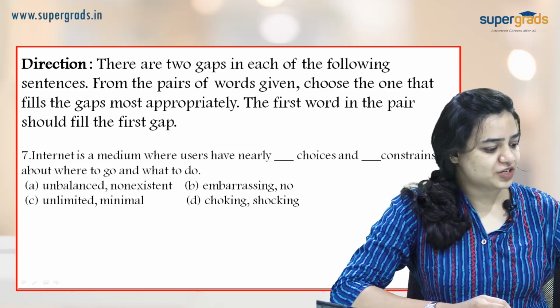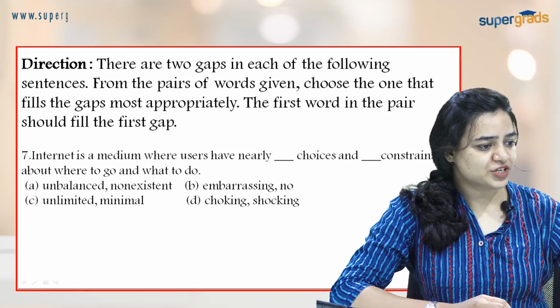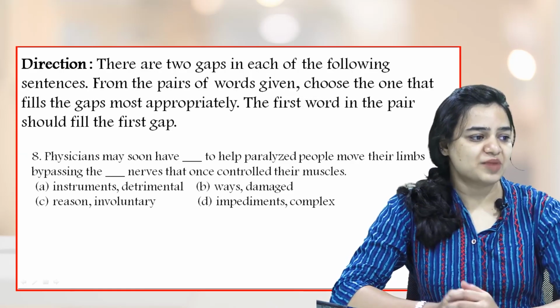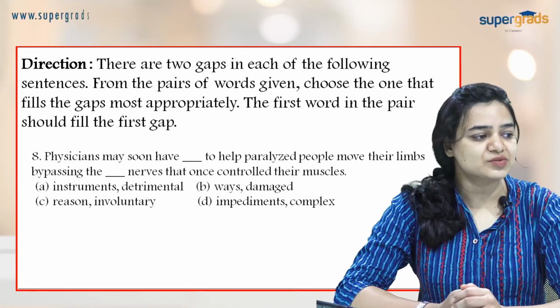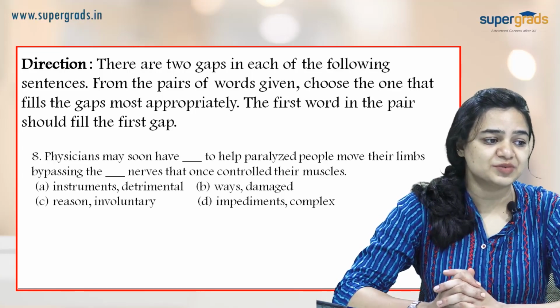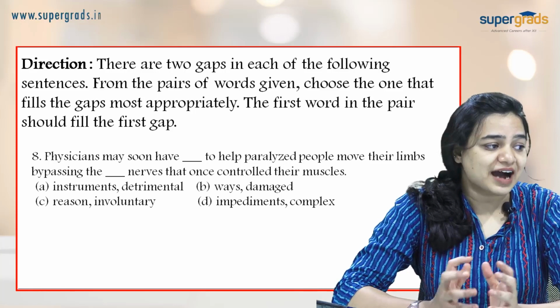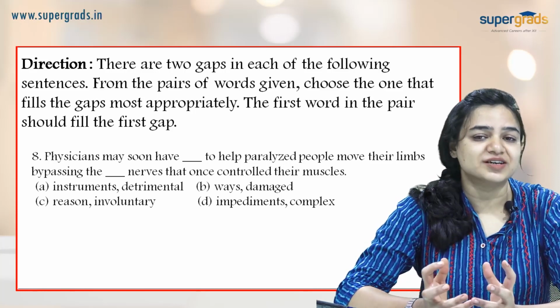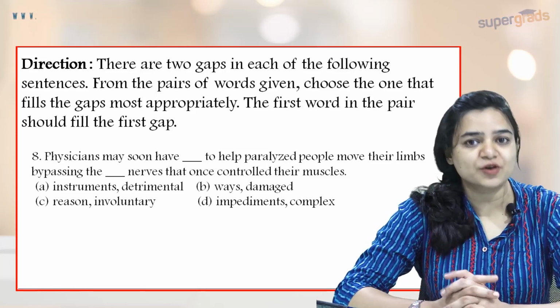Let's move on to question number 8. Now, question number 8 talks about how physicians may soon have ways to help paralyzed people move their limbs, and how they can bypass the damaged nerves. Now, why could I straight away go to option B?